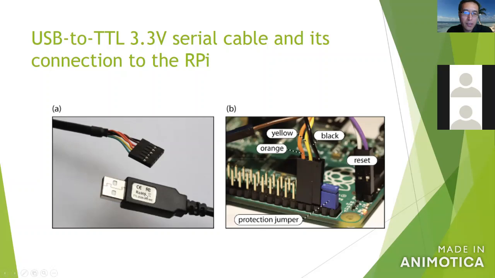This USB connection can be connected to an external device, and that will be converted into 3.3 volts because USB uses 5 volts, and most Raspberry Pi use 3.3 volts.